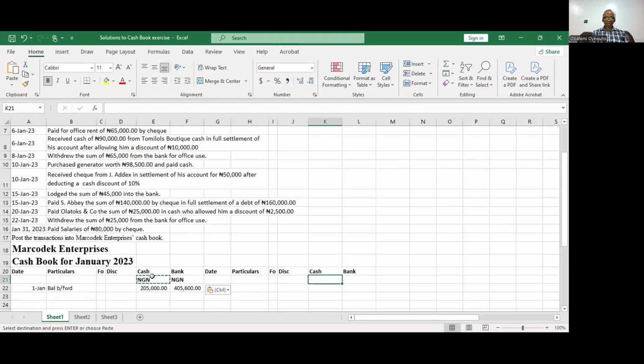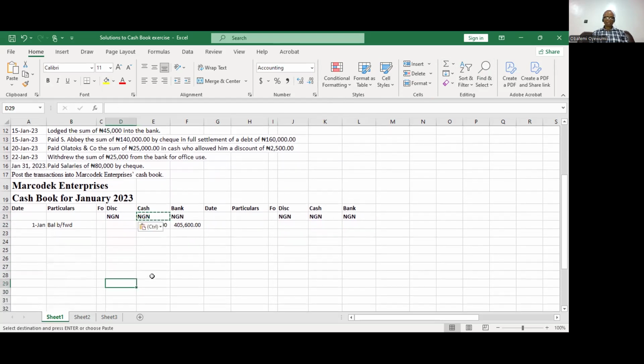I know I have it, but I'm trying to avoid putting anything that will probably disrupt the flow. So Nigerian Naira. Okay, so let's leave it like that. So cash, we have 205,000 in the cash column, and then we have 405,600 in the bank column. That's the figure this company brought forward.